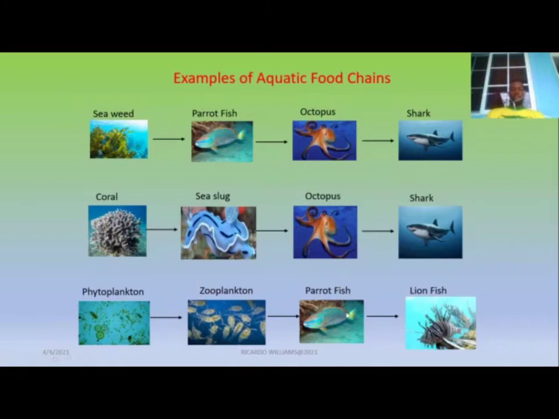Just like here, the term zoo means animals, so zooplankton refers to these microscopic animals that feed on the phytoplankton, which is a microscopic plant. Then our local parrotfish feeds on these, and our local parrotfish is under threat by a particular fish species we call the lionfish.